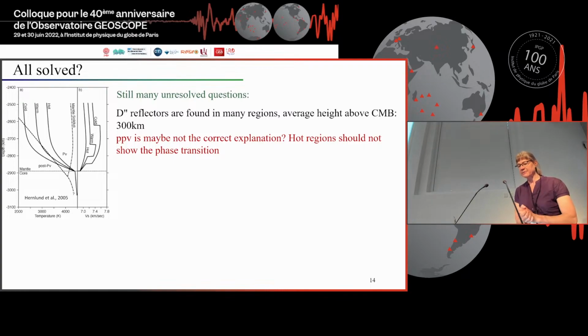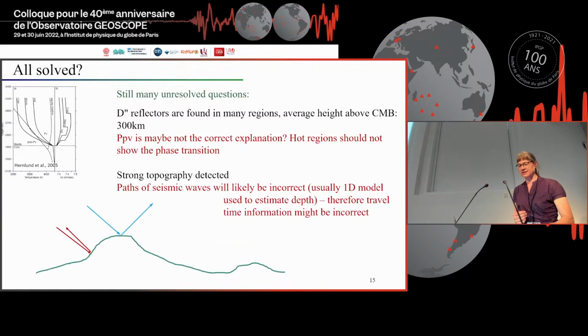So maybe post-perovskite is not the correct explanation, or maybe we just have to mix it with more iron and more aluminium, then we will get a reflector again, but it has other shortcomings. So maybe we should think about that. The other thing is we do detect strong topography, but if we use rays to travel down and up again, and we have a flat reflector, then usually where we interpret our reflection is clear.